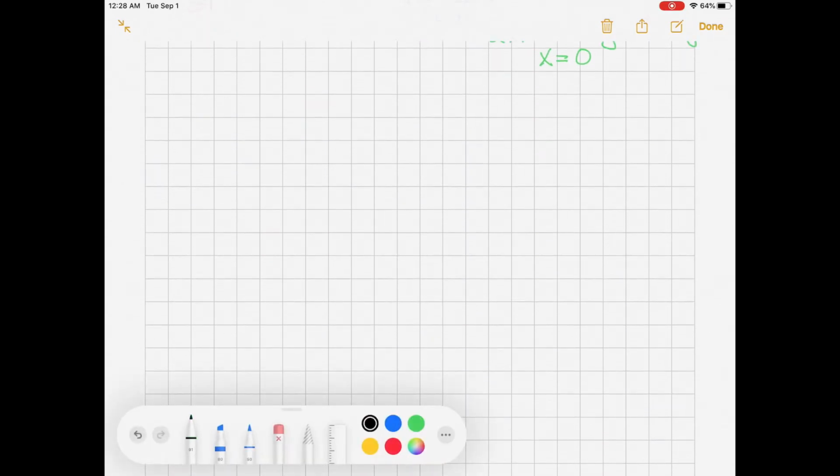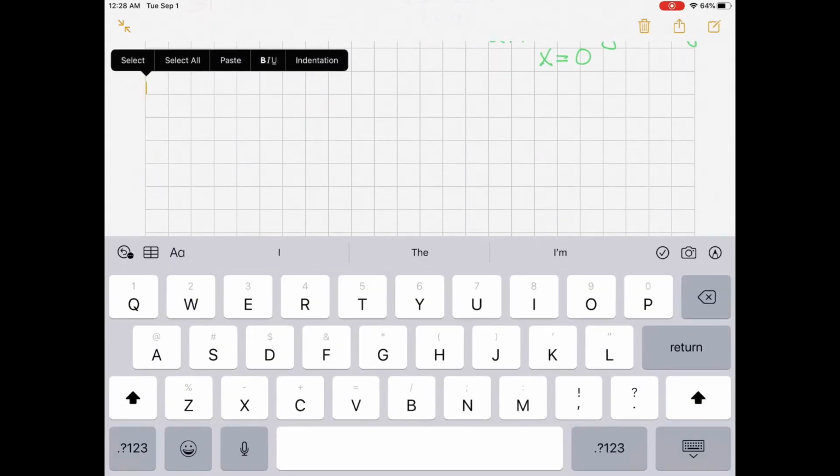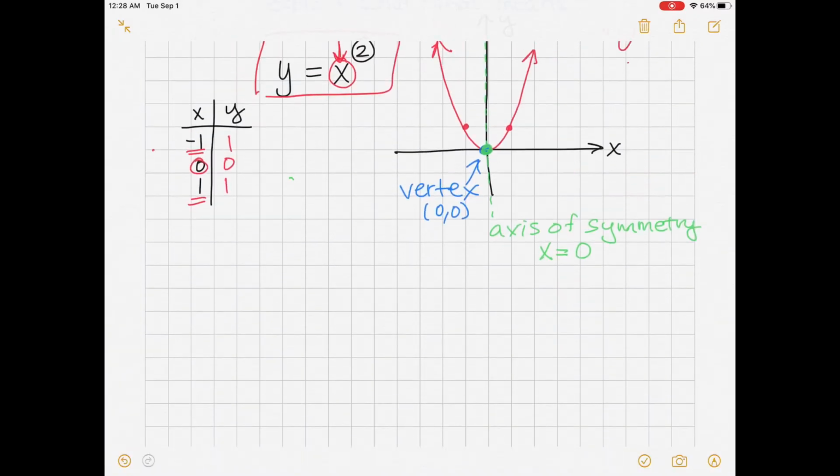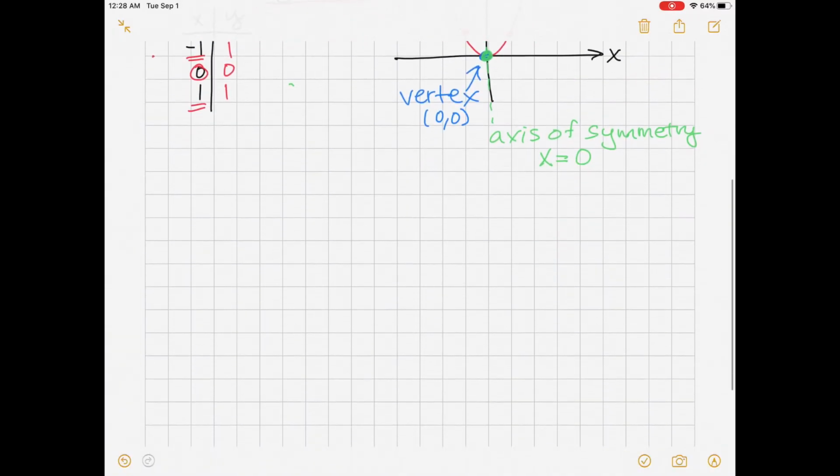What if we changed how this looks? Let's graph a different kind of quadratic equation, y equals 2x squared.